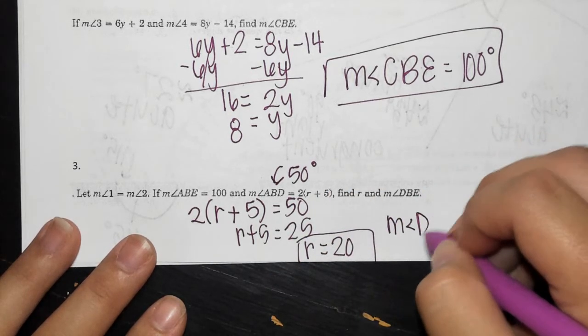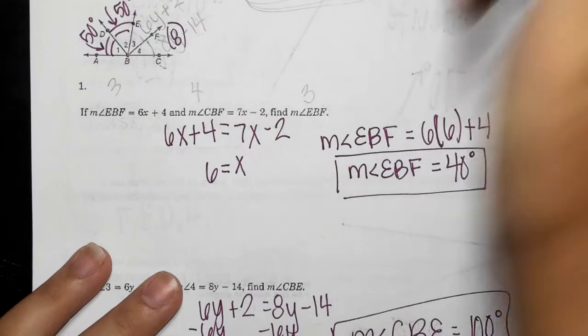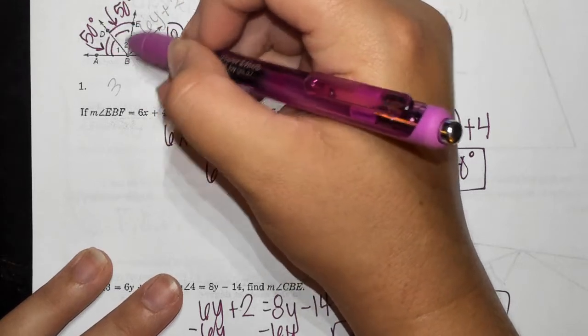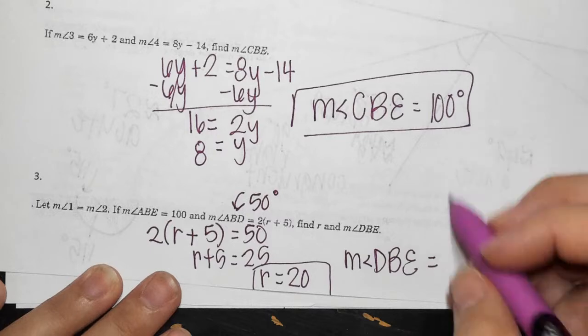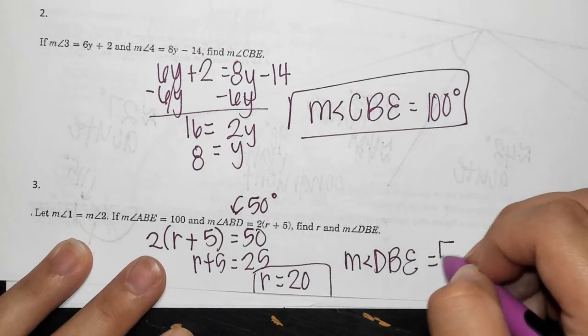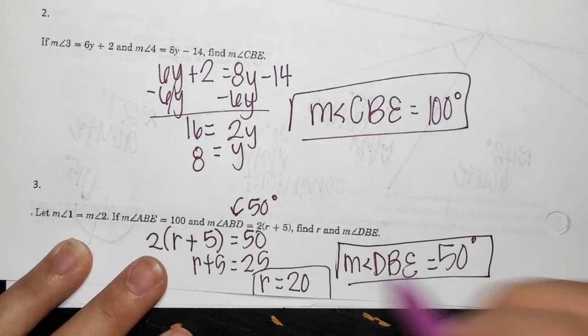So we found R, but now we need to find DBE. Well, D to B to E was just half of it. So you could plug 20 back in. But don't we already know that both of these separately were 50? So you could just leave it as 50.